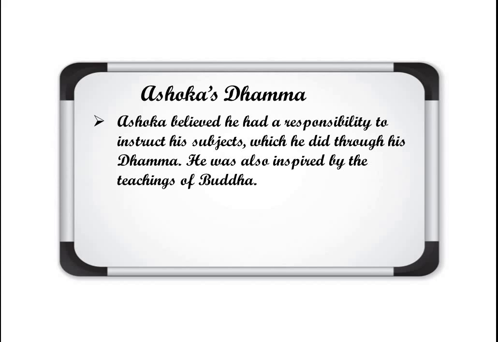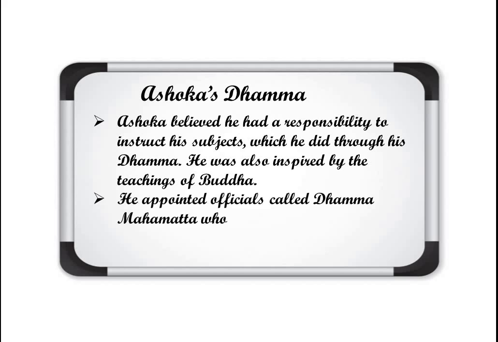He was also inspired by the teachings of Buddha that I told you. Clear? That was Dhamma. He appointed officials called Dhamma Mahamata, who went from place to place for teaching Dhamma. In starting, as I told you, he had officials for sending his messages to the people.